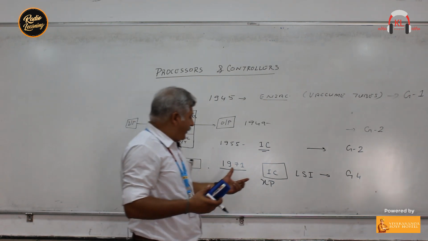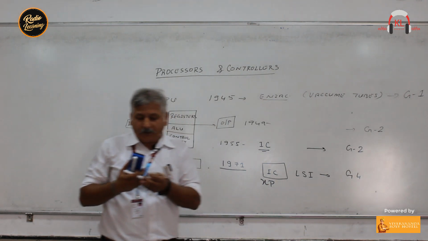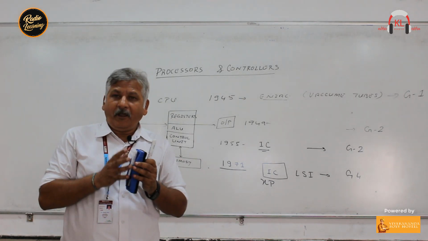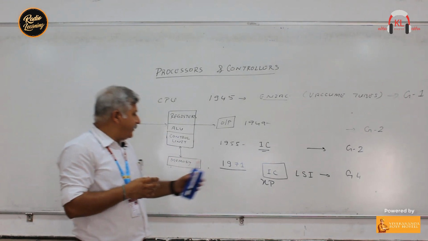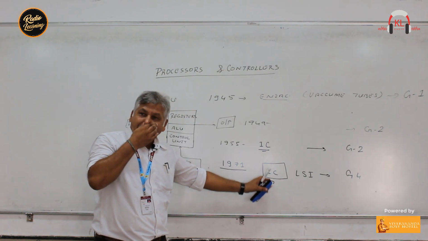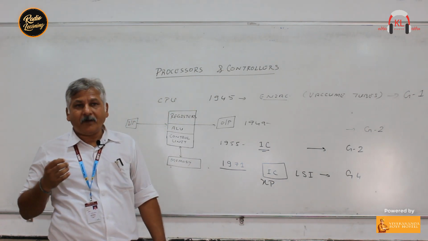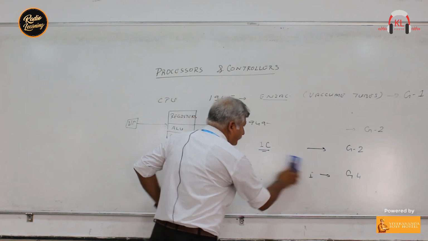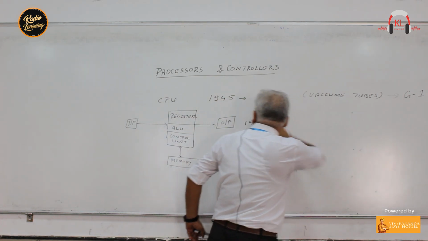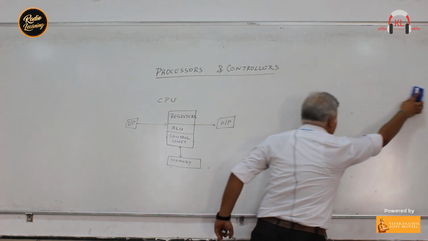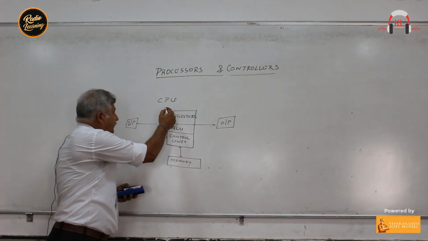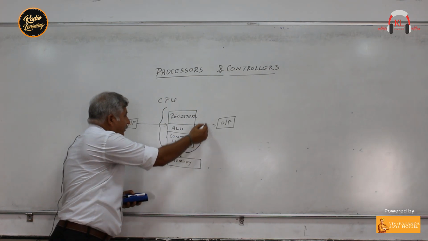So what is the meaning of microprocessor? Microprocessor means when the whole central processing unit is fabricated inside a single integrated circuit, then that central processing unit is called a microprocessor.